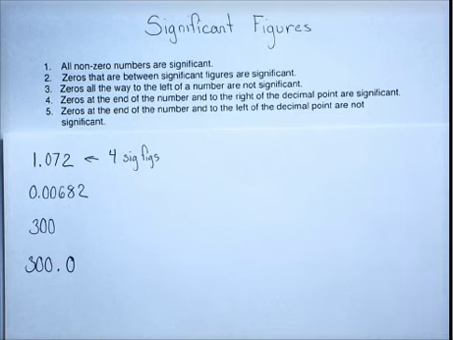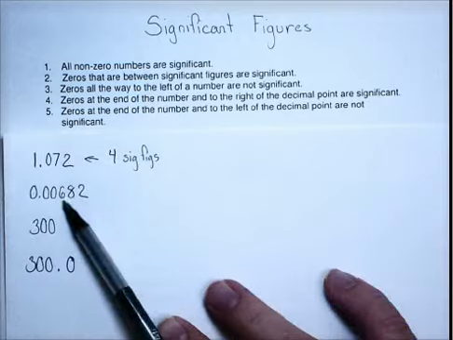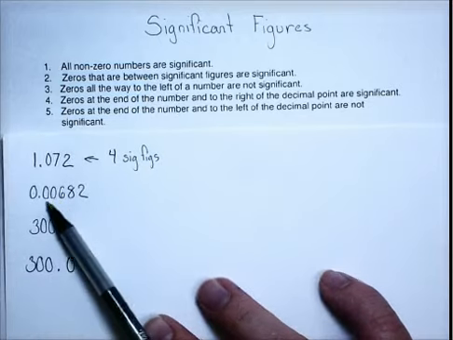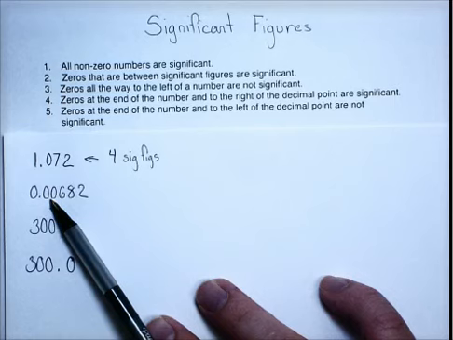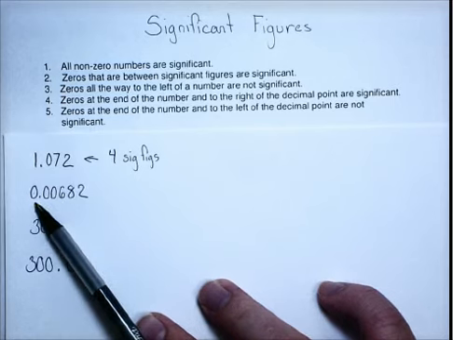And this is all we're doing for this first part, just identifying how many significant figures each one of these has. So we can look at this one. The 6, the 8, and the 2 are non-zero numbers. They're significant. But now we have these zeros. And if we look through the rules, we find that zeros all the way to the left are not significant.